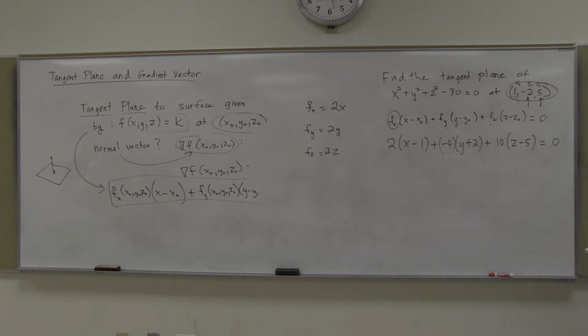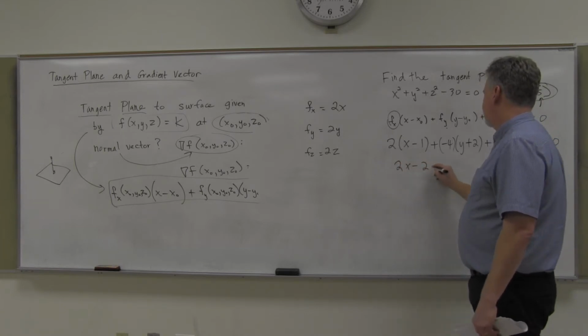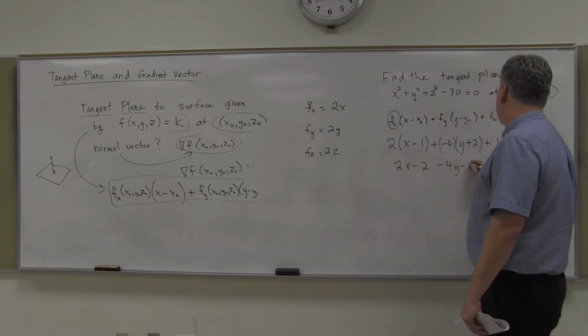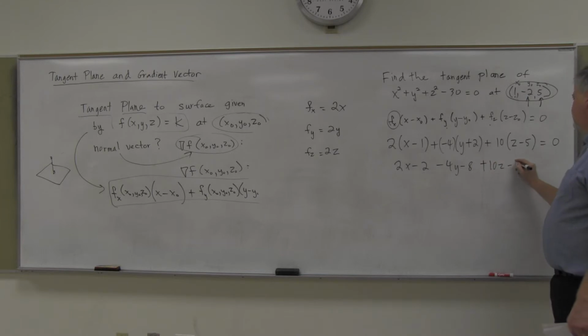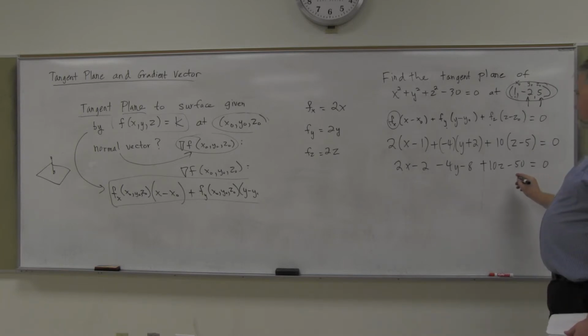Arrange that however, it would probably go 2x minus 2 minus 4y minus 8 plus 10z minus 50. They'd probably go ahead and get the x, y, z on one side, then what else we got? Minus 60.